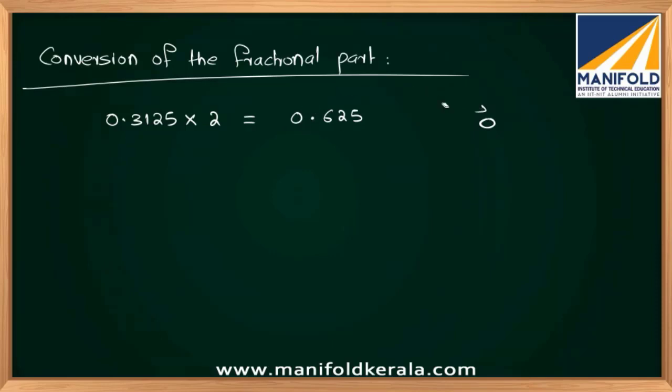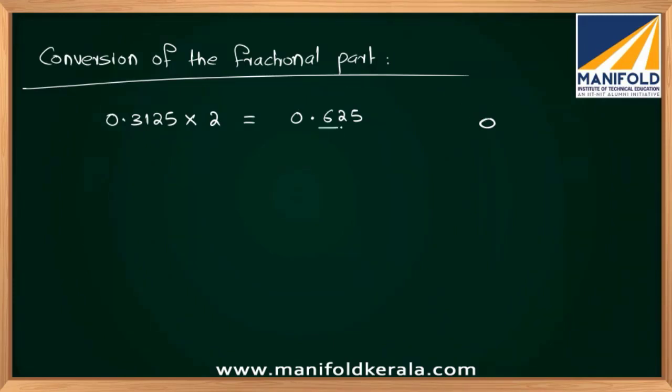So please understand, whenever you want to convert the fractional part into the corresponding base, take the fractional part and multiply it with the base to which you have to convert the number. If you want to convert to base 2, multiply the fractional part with 2 and do this repeatedly. The 0 you will give here.